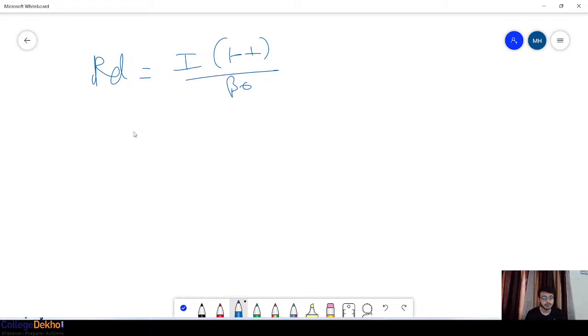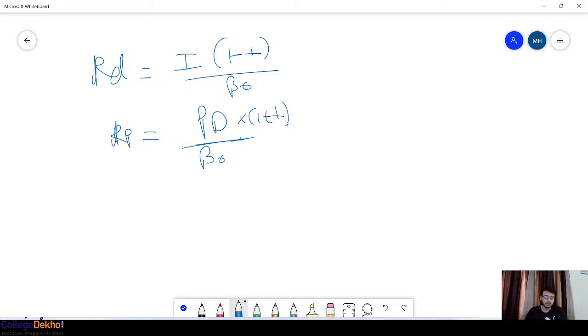Now cost of preference shares is denoted by KP, where P is the subscript. It is your preferred dividend divided by your proceeds, because if there are preference shares, there will be a dividend, right? If tax is given in the question, multiply by (1 plus tax), because there you pay dividend distribution tax. Dividends are not tax deductible; you have to pay dividend distribution tax.